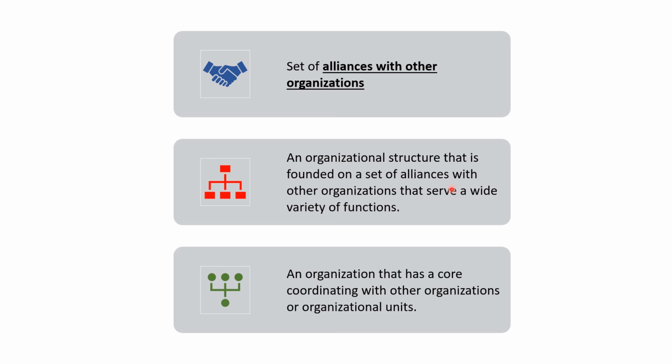It is an organizational structure founded on a set of alliances with other organizations that serve a wide variety of functions. Meaning that when you want to operate your business, to produce your product, you need alliances with other companies. It is an organization that has a core coordinating with other organizations or organizational units. So you will coordinate with other organizations.